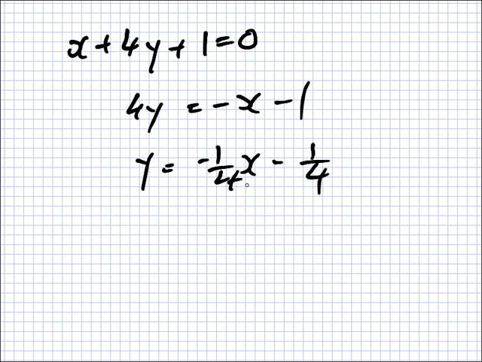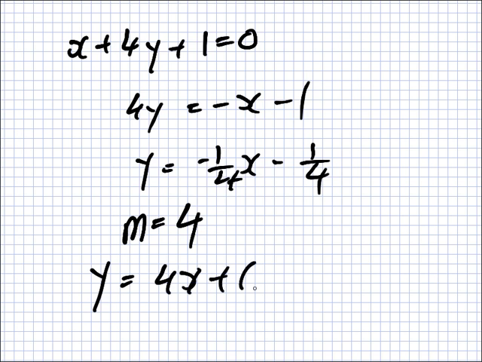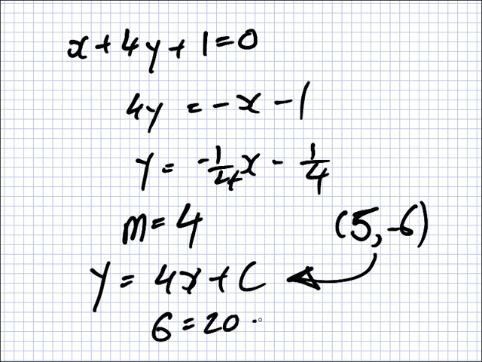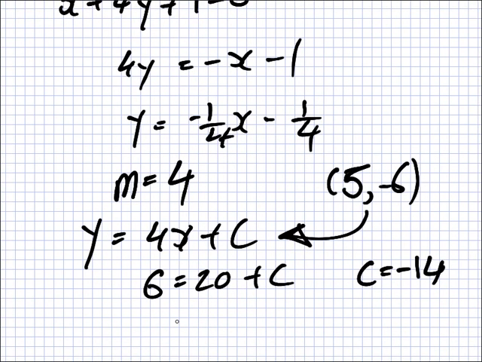Now it's perpendicular, so the m is actually 4. So you have y equals mx plus c. And what point do we have here? (5, -6). So that would be -6 equals 20 plus c. So c equals, what's that, minus 14? And we're finished. y equals 4x minus 14.